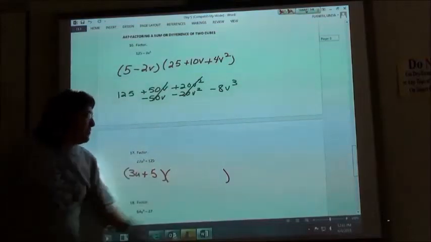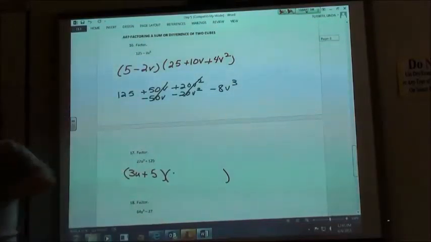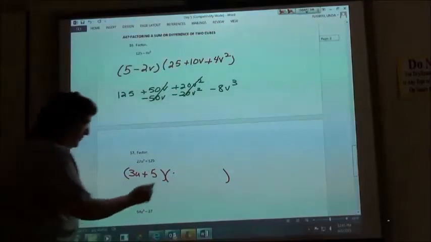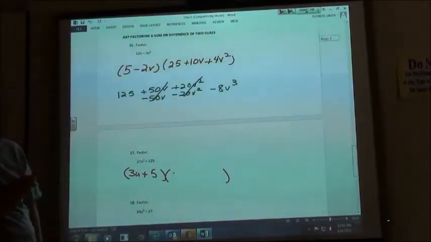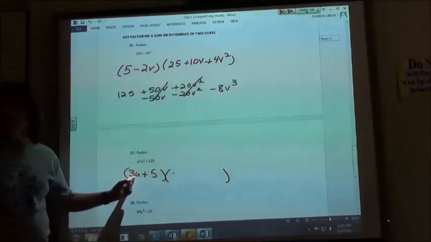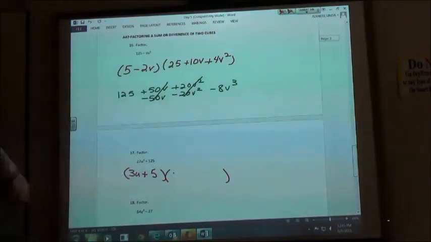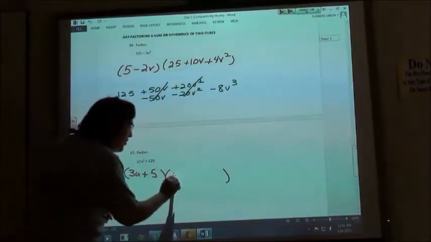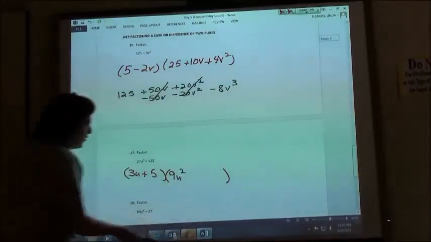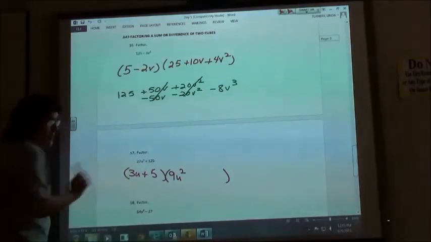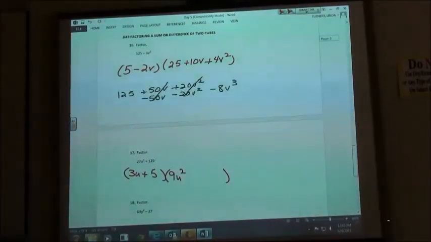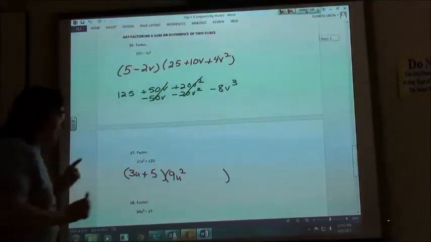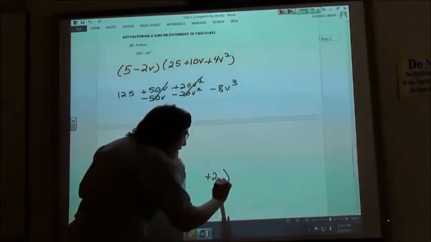If I do my first and my last term, I'm going to square this, so if I take 3u times 3u, I'm going to get 9u squared. So that 3u times 9u squared is that first term, 27u to the third. And my last term is going to be 25. 5 times 5 is 25.